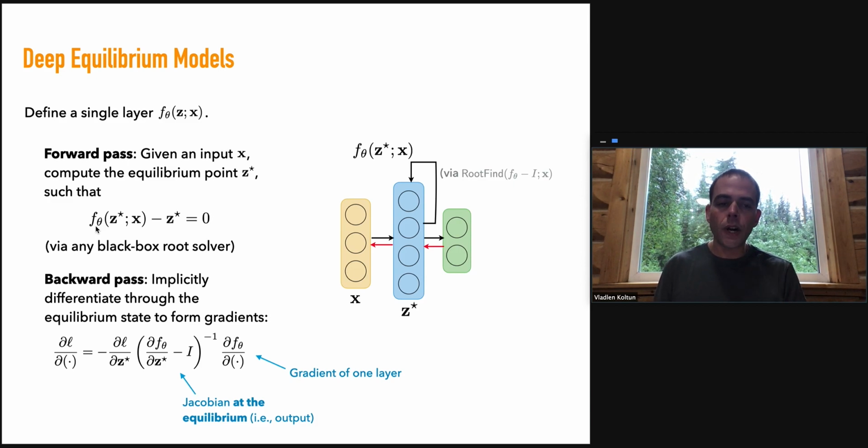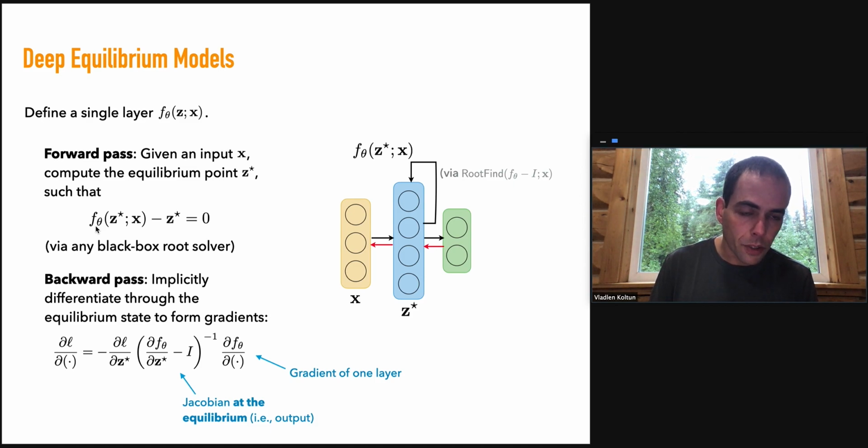We can define the gradient analytically via implicit differentiation and compute it without unrolling the forward solver and without tracing through the individual steps of the forward solver by conventional auto differentiation.